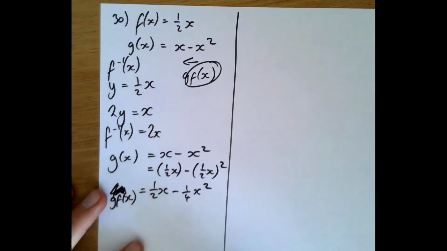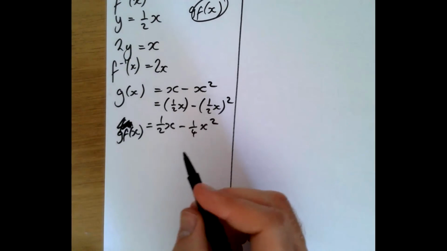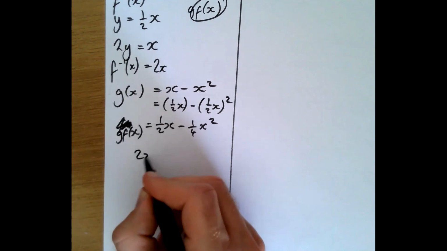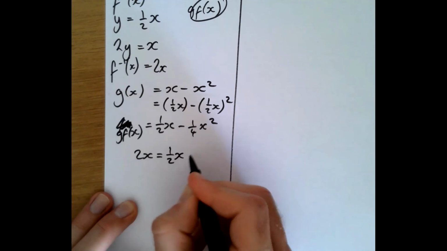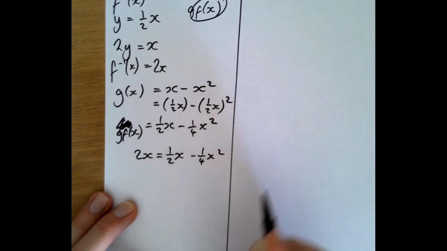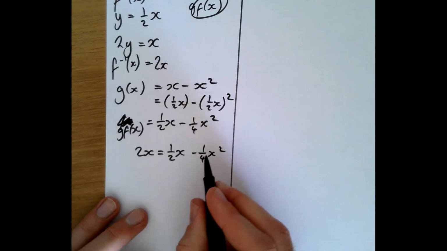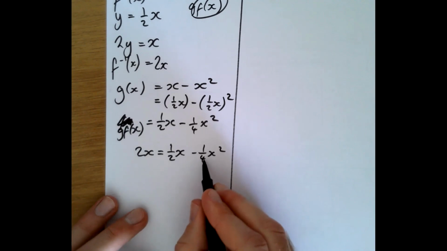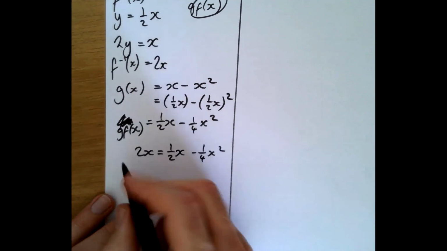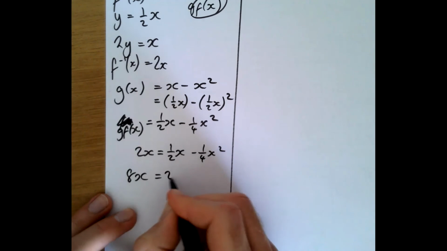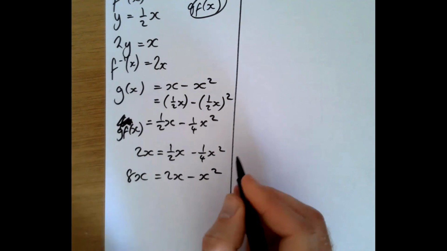And we need to say, well, 2x equals that. So 2x equals half x minus a quarter x squared. Oh, wow. I don't like these fractions, so I'm going to multiply by the biggest denominator. So if I times everything by 4, I get 8x equals 2x minus x squared.